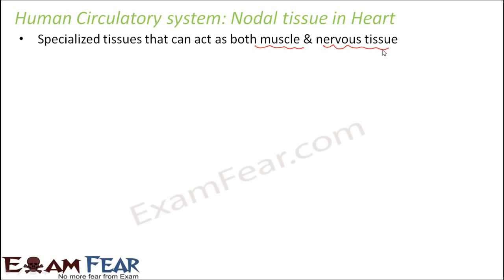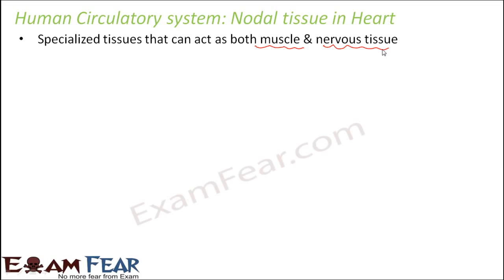So the muscle tissue is involved in the movement, but it is the nervous tissue which controls the movement of the muscle tissue. The muscle tissue cannot move on its own. Right? So you're getting that idea, right? Muscle tissue can perform its job only from a signal or instructions from nervous tissue.